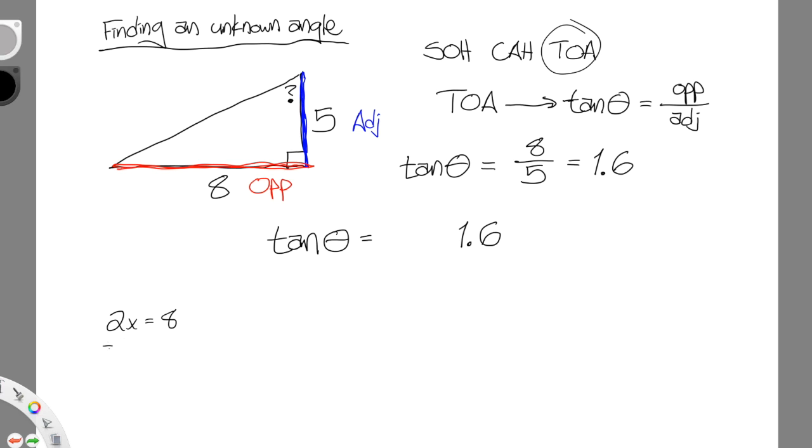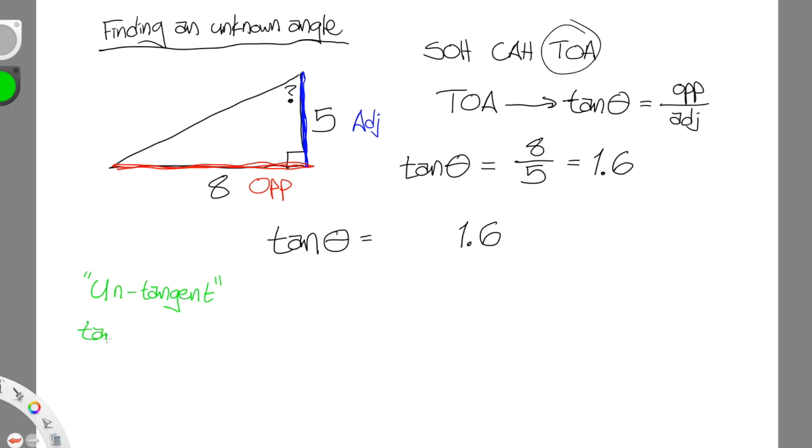So what we need to do here is we have the tangent, so we need to untangent both sides of this. What I am calling an untangent is known as an arctangent or an inverse tangent.